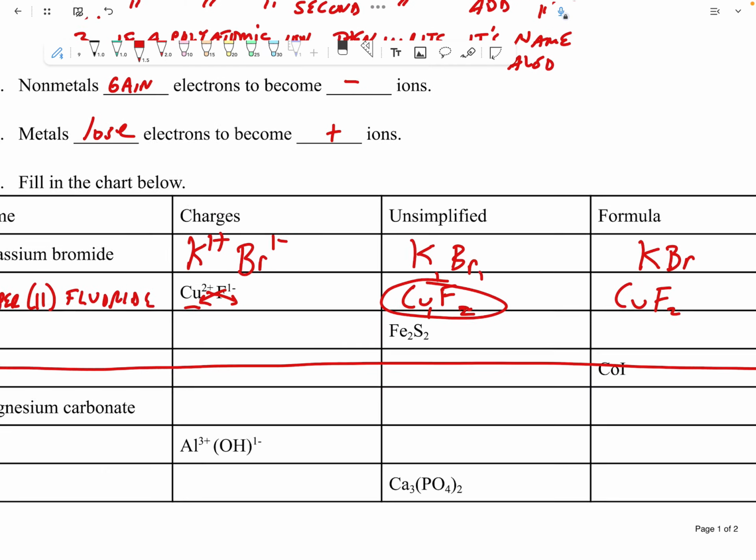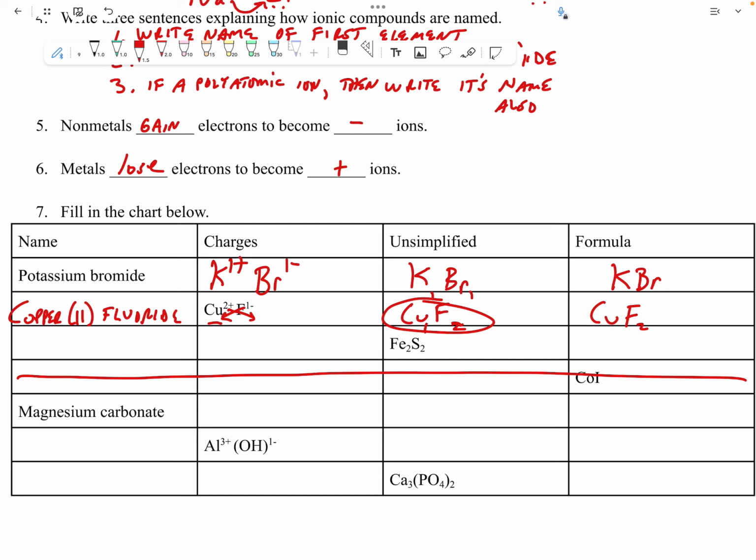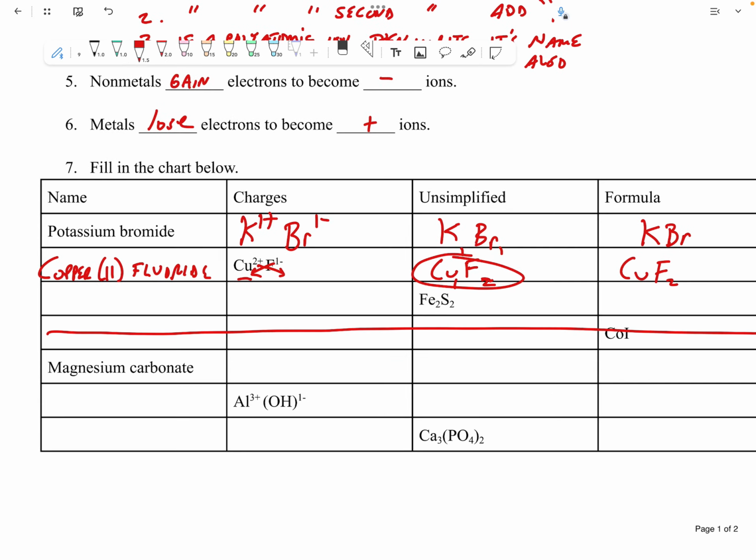Okay. Anyway, let's do one more, and let's do this one down here, where we have aluminum and hydroxide.